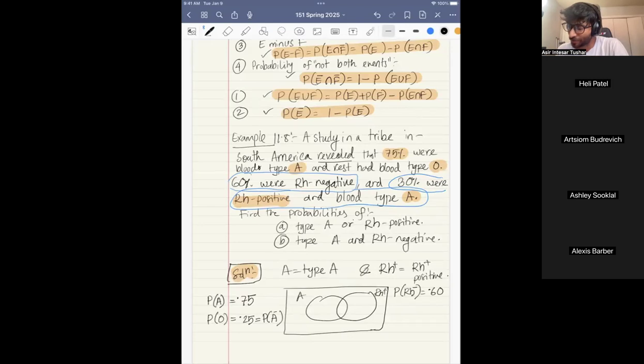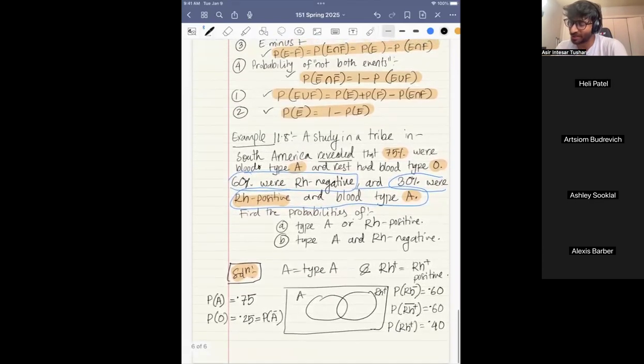Artyom, if you're still here, can I write probability of Rh negative is 0.60 or probability of Rh positive complement 0.60? Will they mean the same? Yes, because Rh negative just means what is not in Rh positive. Okay, and then what should be the probability of Rh positive? 0.4, because it's just what is left. Okay.